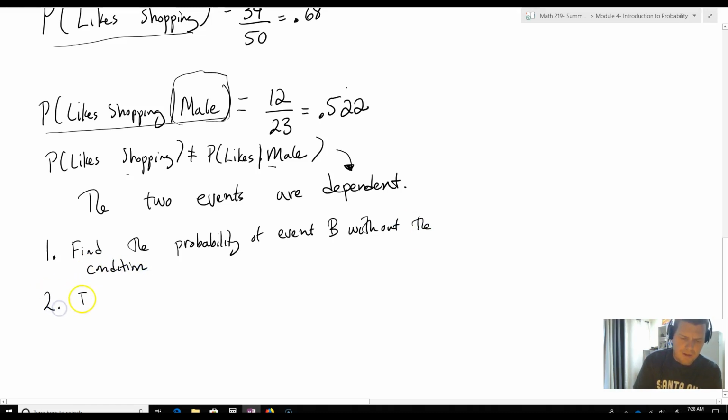Two, find the probability of event B with the condition of A. Three, compare those two probabilities.